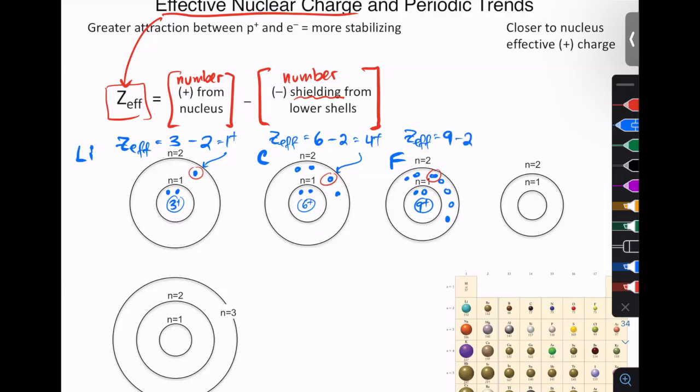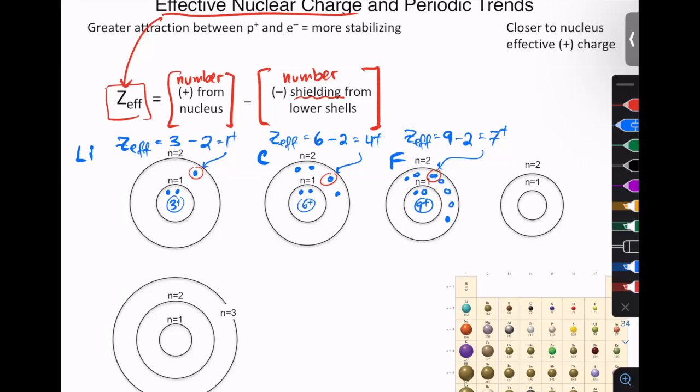The shielding is still 2. So now these have an effective nuclear charge of 7+. So they are really being drawn in. You've got a stronger attraction of any of those valence electrons to the higher positive charge of the nucleus. That explains why the atomic radius shrinks.